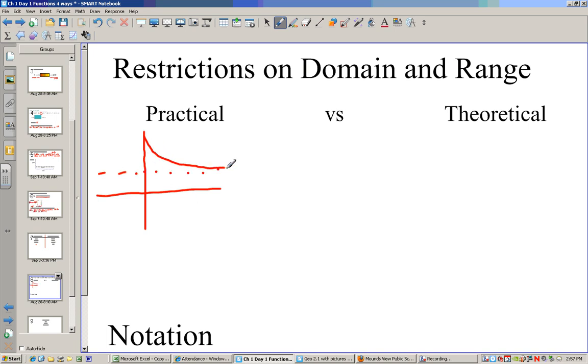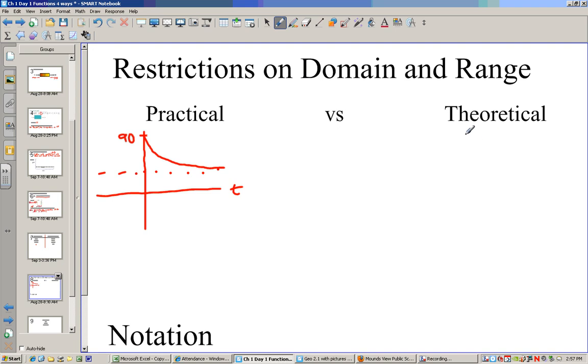Now, one restriction on the domain, if we look at the x values, it doesn't make sense to have negative values here because we're not going to look for coffee 2 seconds before we started recording, because 90 might be the max that the temperature of the coffee was ever at. So there are some practical restrictions that we have to think about when we're thinking about the problem.